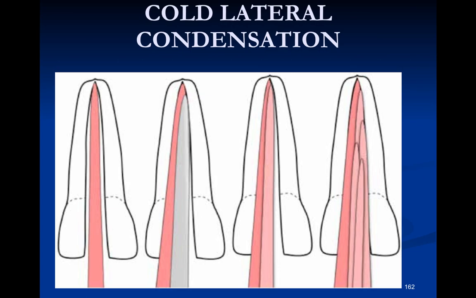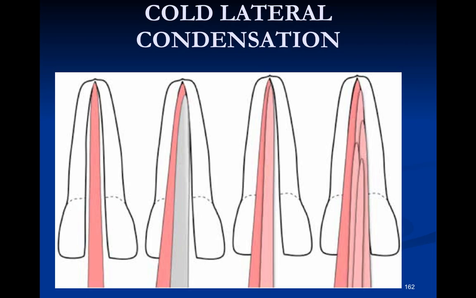After inserting the gutta percha, we should insert the spreader inside of the canal and push vertically. After pushing vertically, the spreader may push or stick the master gutta percha to the wall of the canal.